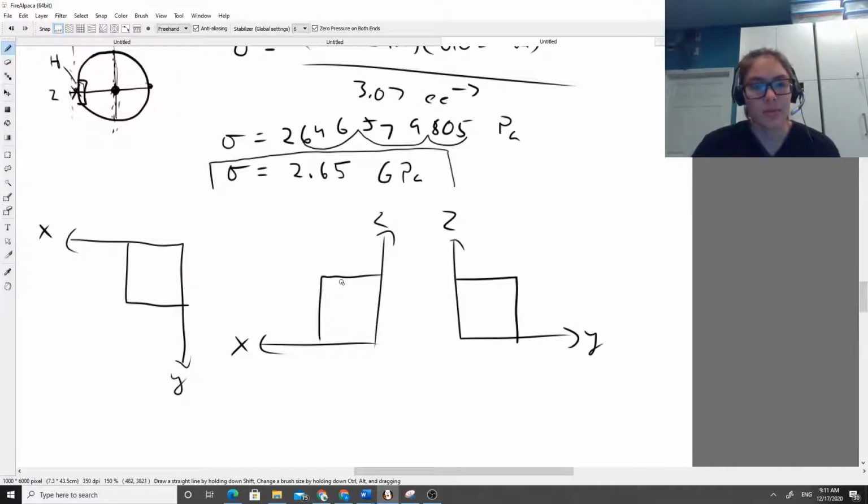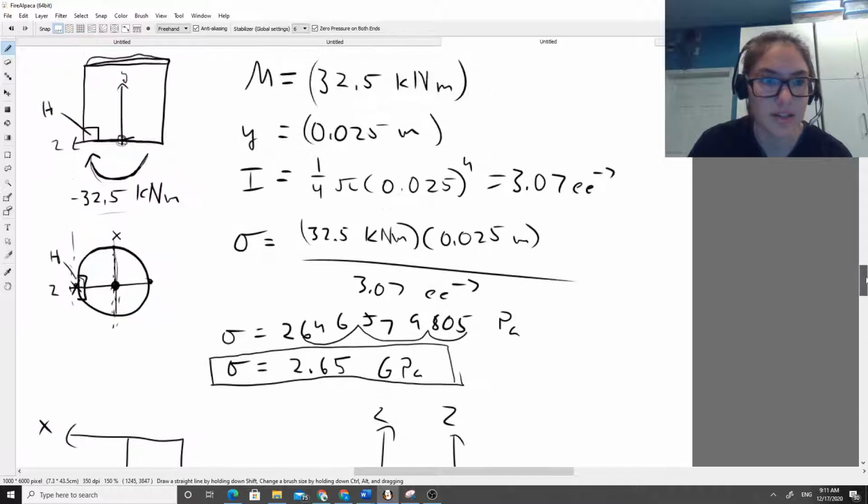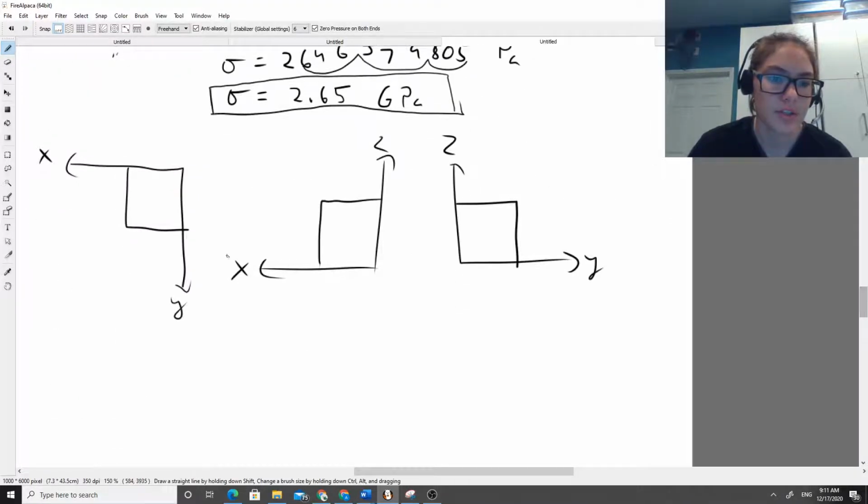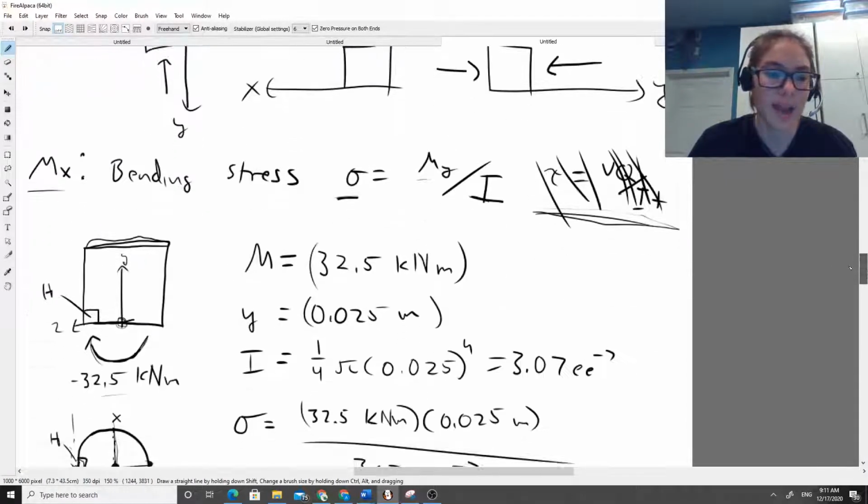And this is a normal stress. And we say, okay, where exactly is this normal stress acting? Well, again, each of these stress blocks is a point. This is point H. So it matters what is happening at point H. And what's happening at point H is that it is being compressed.